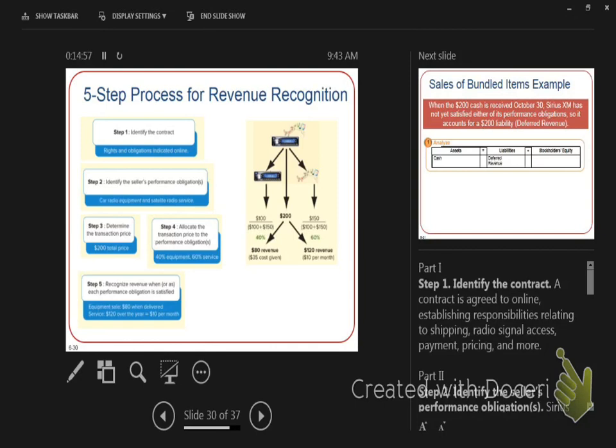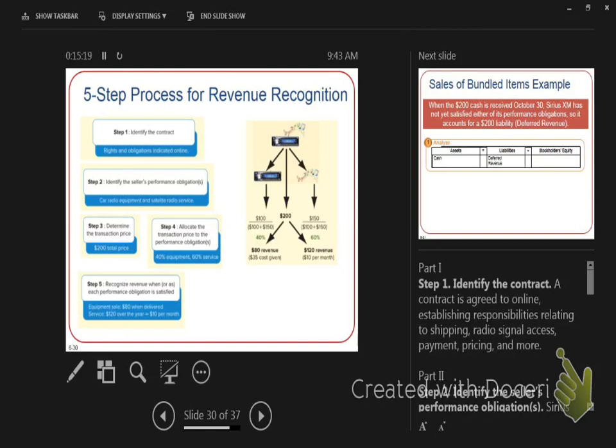Of 250, it's 40 and 60. So now you take that times the new price. So of the $200, 80 of it's going to go to equipment, 120 of it's going to go to revenue, or to the service contract.